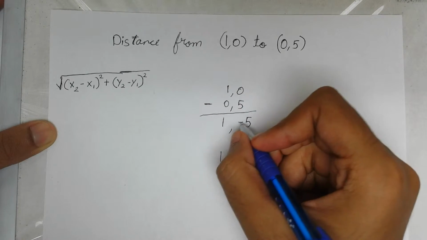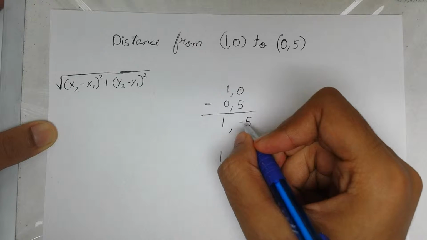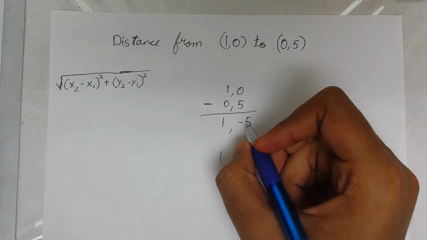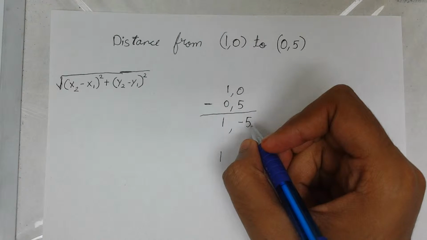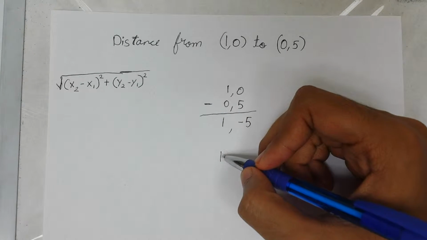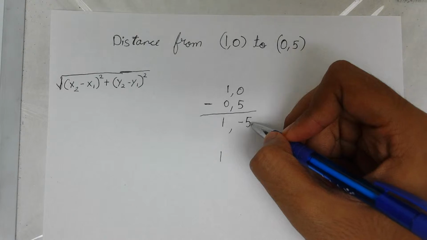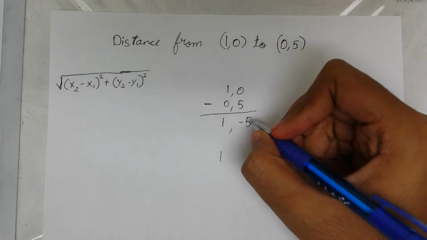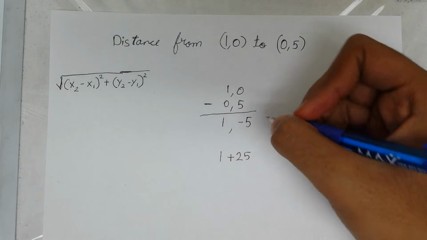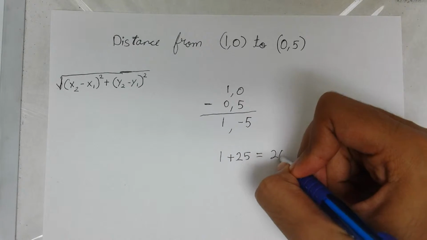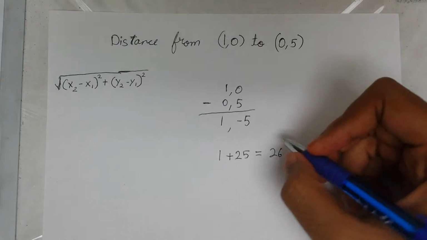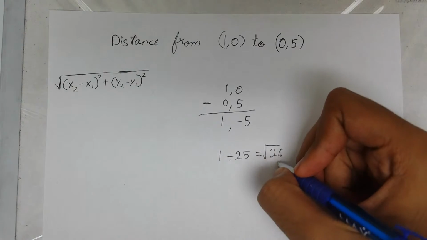So you square 1, which would be 1, and then you gotta square negative 5, which would be 25, and then you gotta add 25 to 1, so you would get 26, and that is not the distance either. To find the distance, you gotta do square root of 26, that would be the distance.